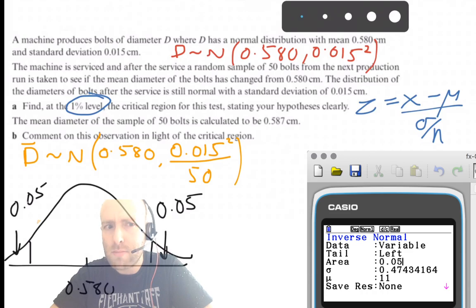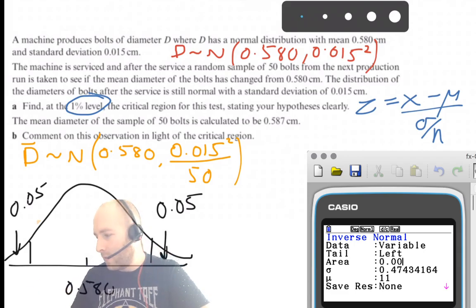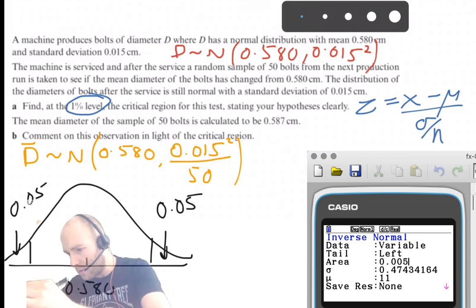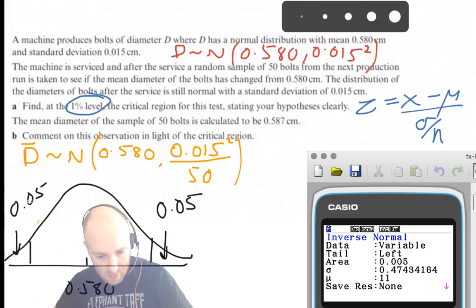Wait a minute. Test at the 1% level. 1% is 0.01, so actually I want this to be 0.005, so I've made a mistake, but I have spotted it, so that's good. Let's just fix that up.